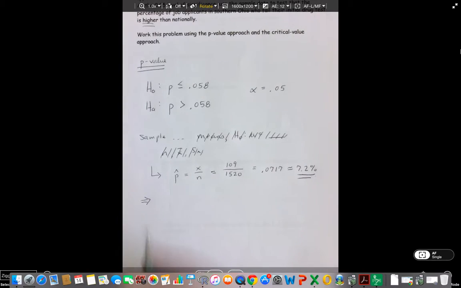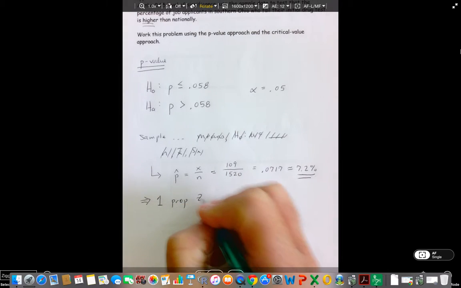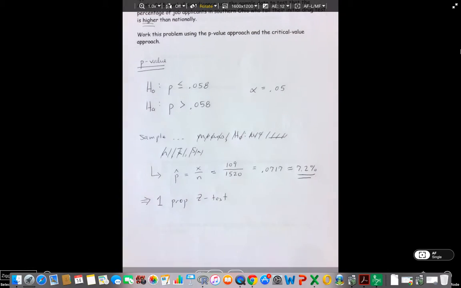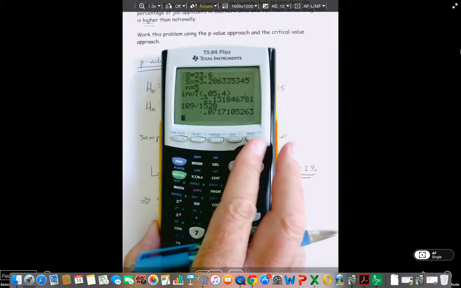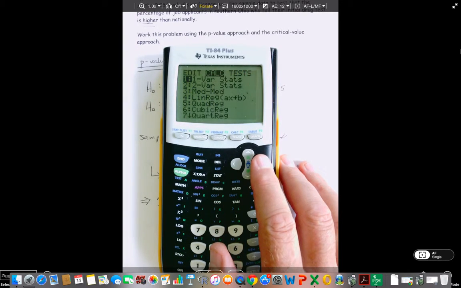Now, guys, you have a different test here. This is not a t-test. This is a one prop z-test. So, guys, one prop z-test is a little bit easier because there's not as much stuff to put in your calculator when you enter this stuff.